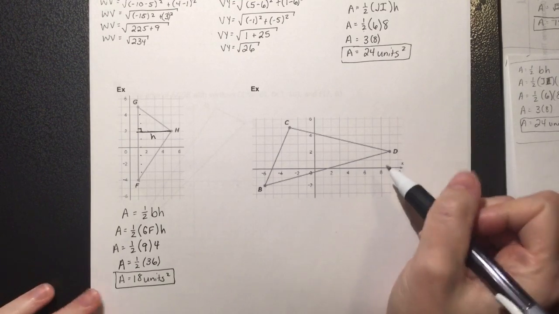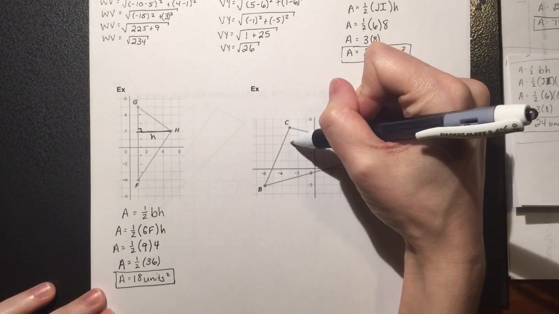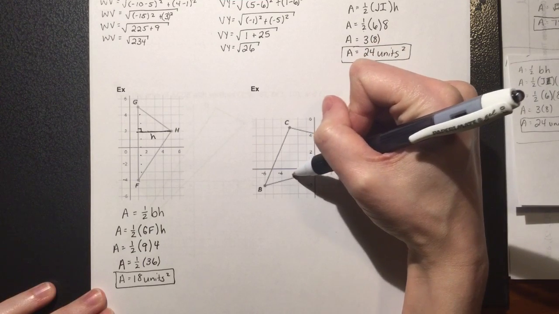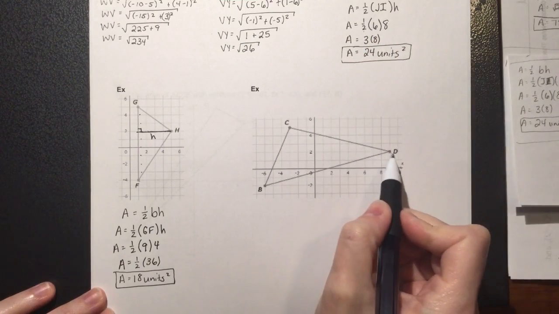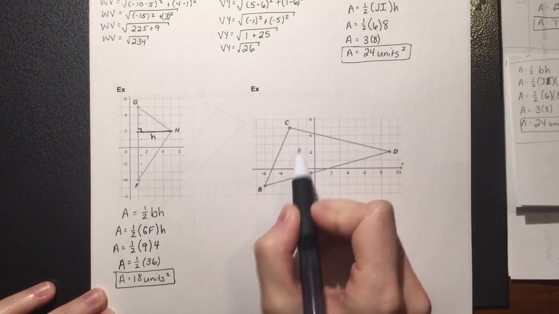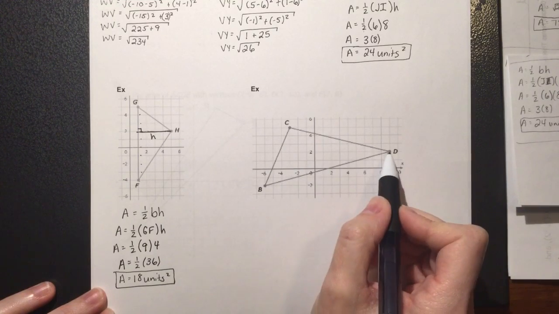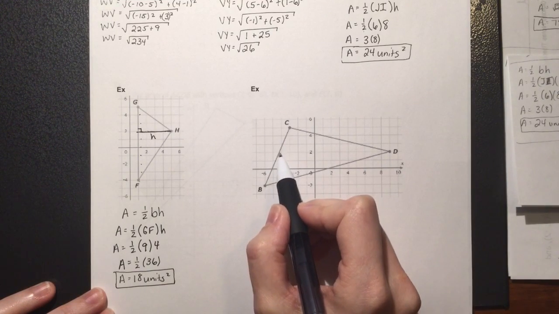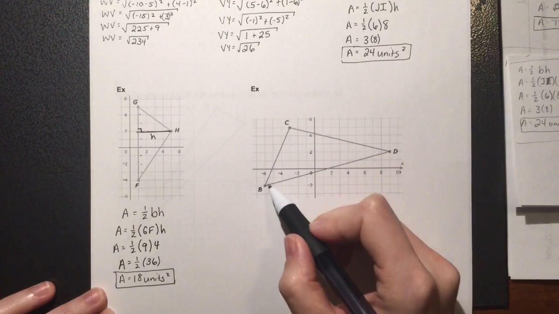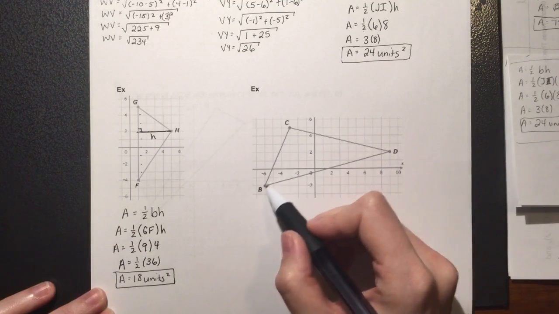And then looking at this next one, if we go and we look and we check, this one looks like it might, but it doesn't make a nice, neat 90-degree angle. This one right here, because it's asking for area, so we're looking for a base and a height. That one's close, but it doesn't make a 90-degree angle. And if we look right here, there really isn't a good one.